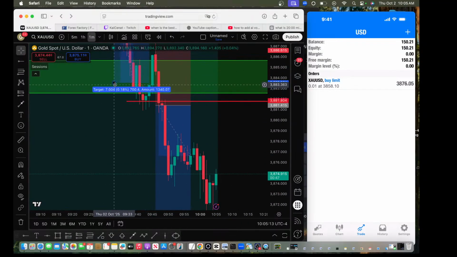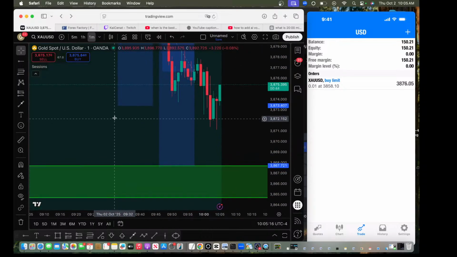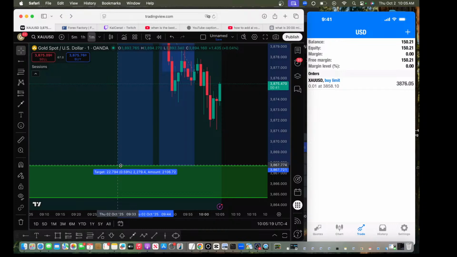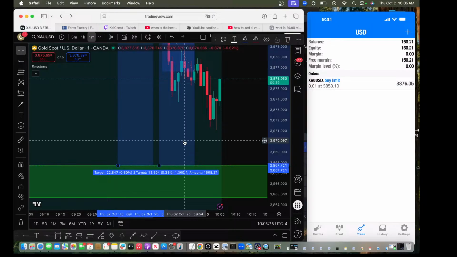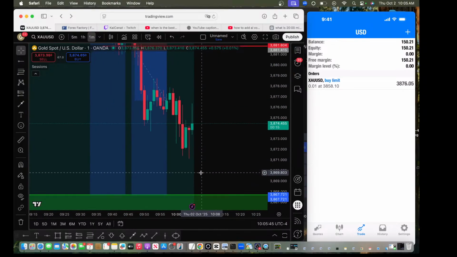So you could have potentially made anywhere from 13 to 22 pips. Now what price is doing is respecting these areas of resistance, right? Look at that. Respecting it.